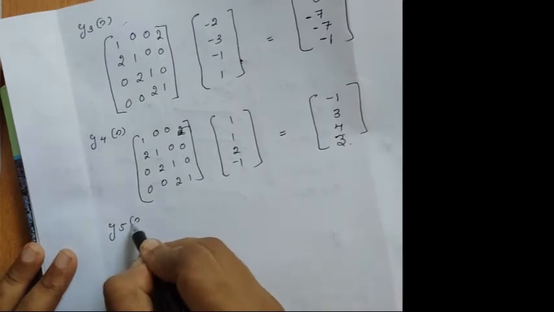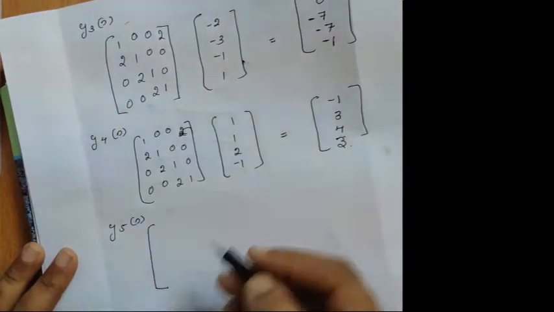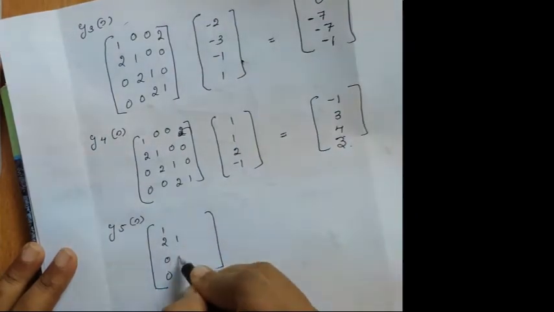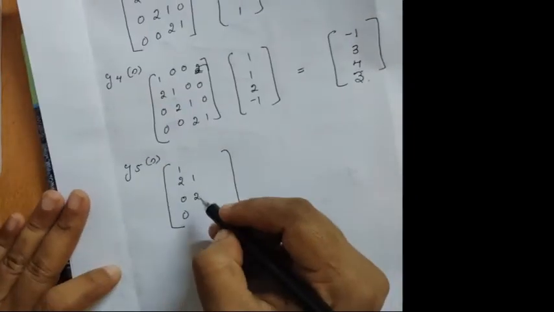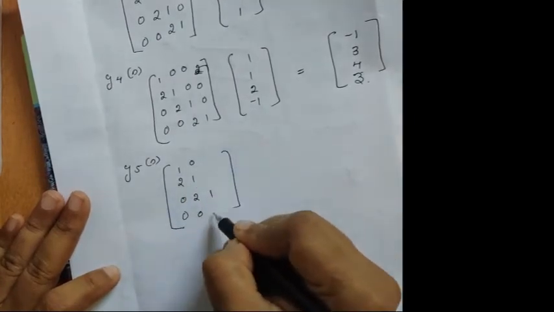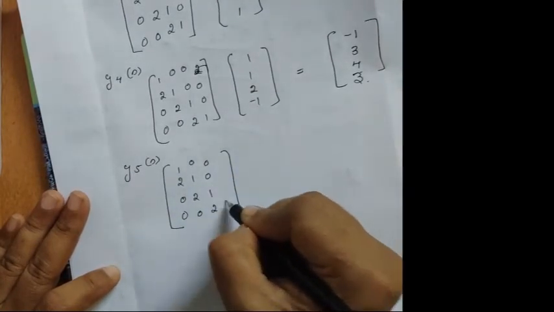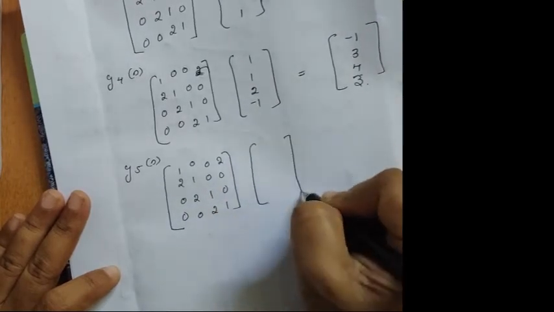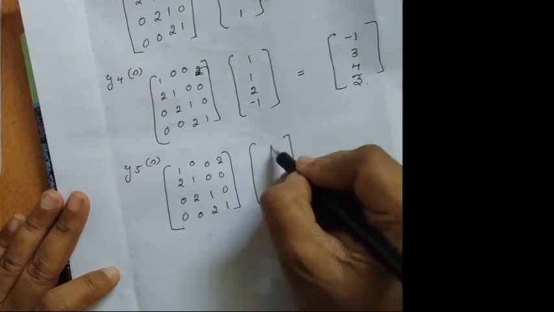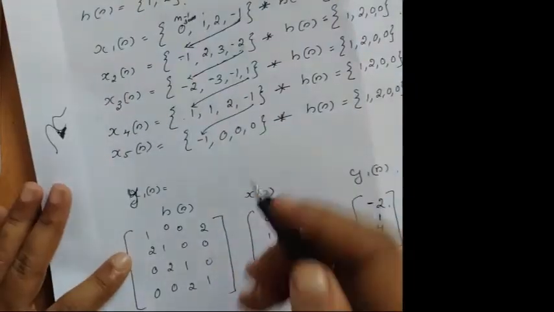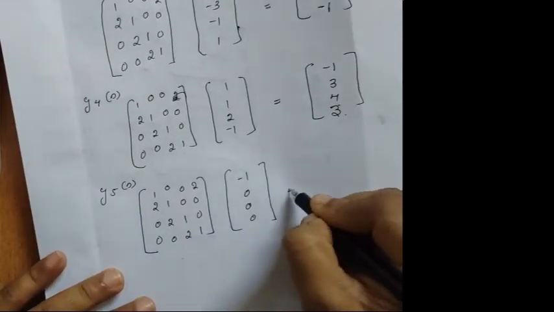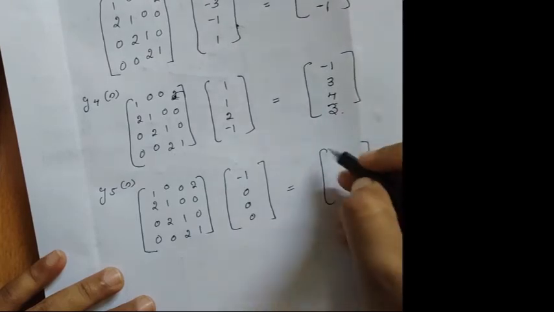y5 of n was minus 1 and 3 zeros. It will be easier for you to do.